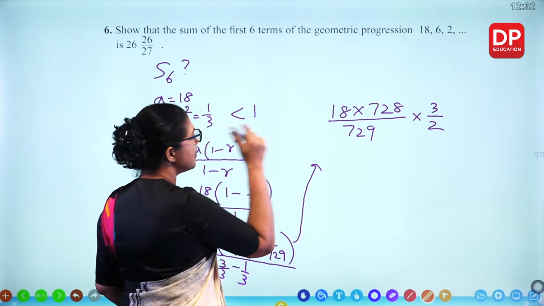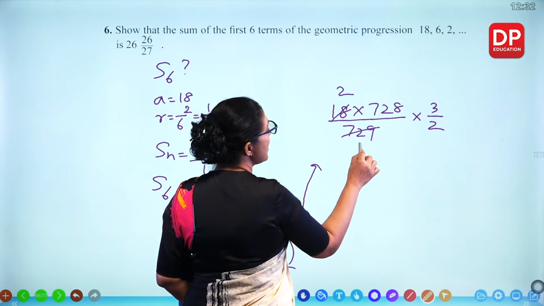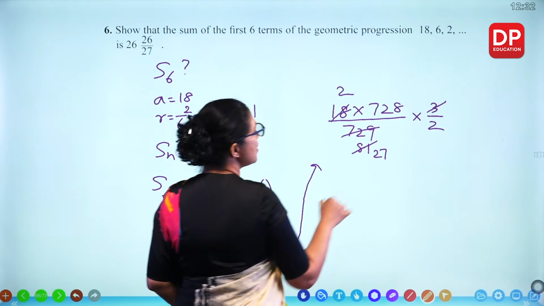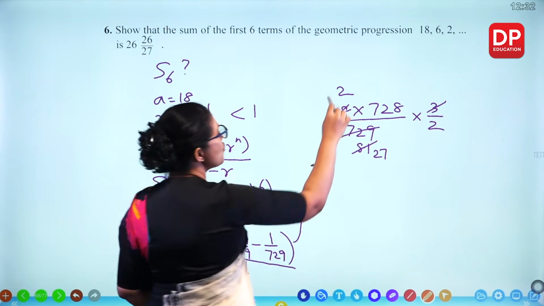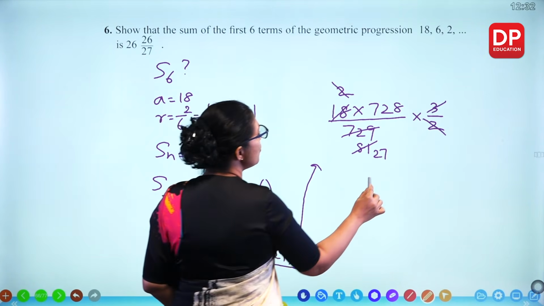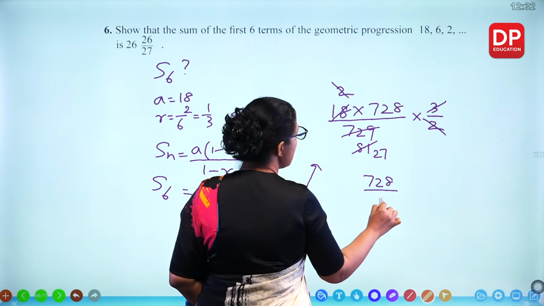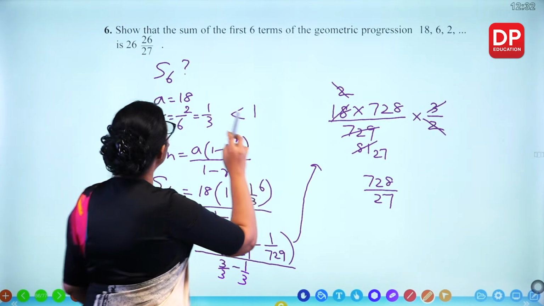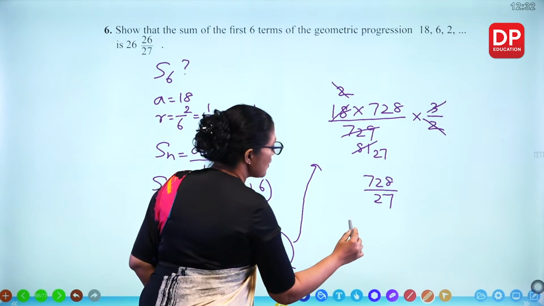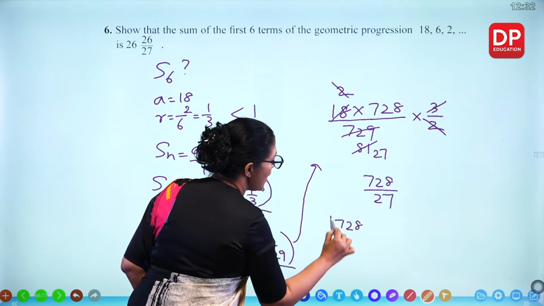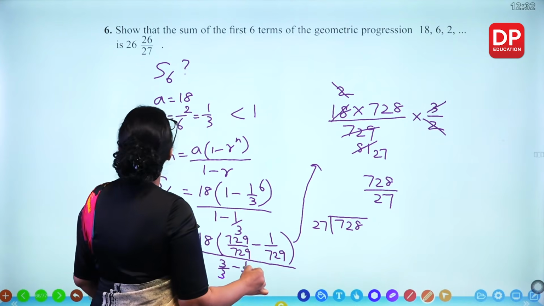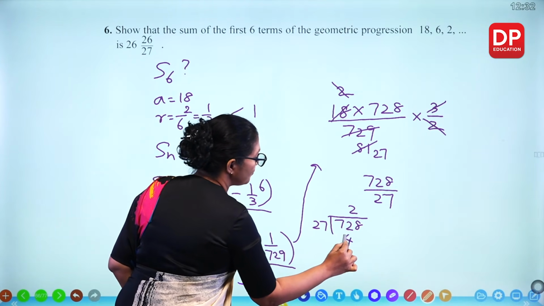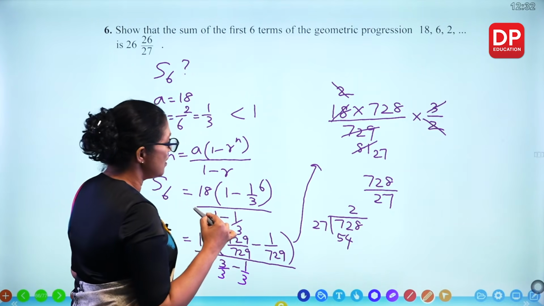Now divide by 9. 9 times 2, 9 times 81. Divide by 3, you get 27. This 2 and this 2 get cancelled out and you get 728 divided by 27. Now we'll divide and see whether you get this answer. So 728 divided by 27. So multiply by 2. You get 54.